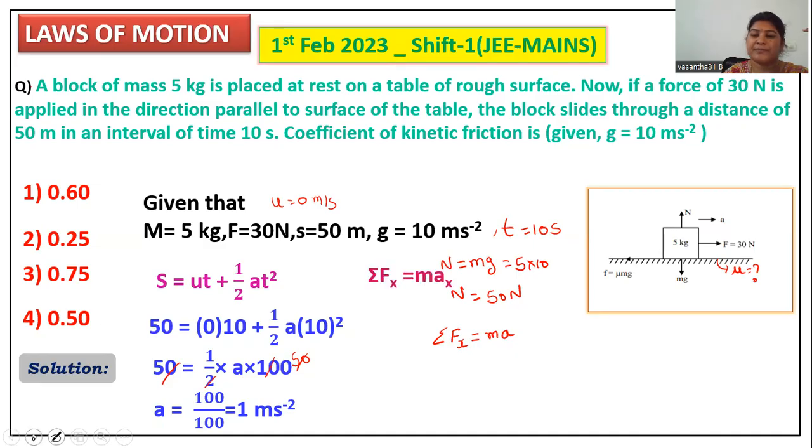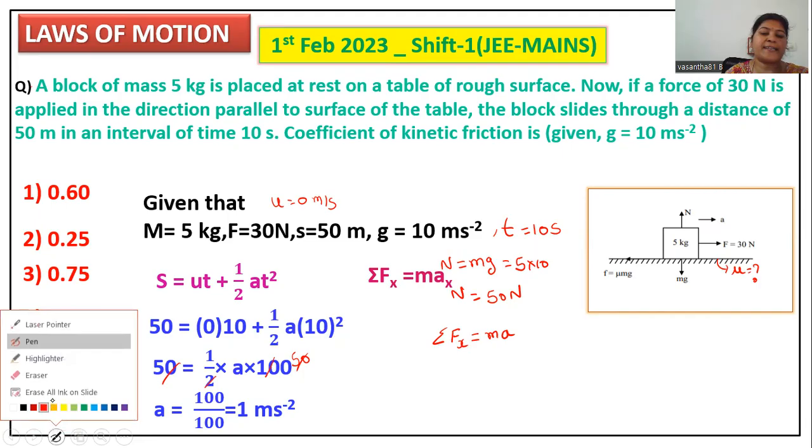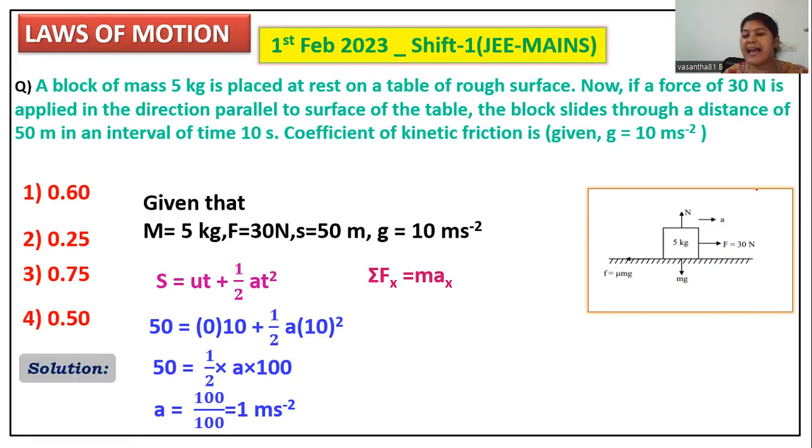That is sigma Fx equals m ax. Ax is the acceleration along the horizontal direction. I already derived that value: ax equals 1 meter per second square.